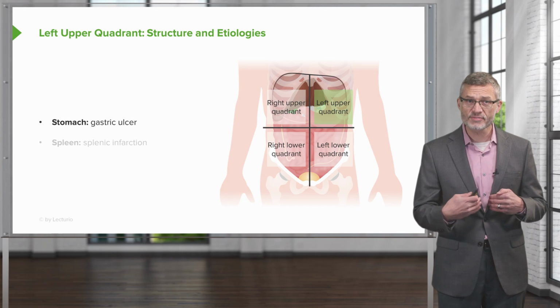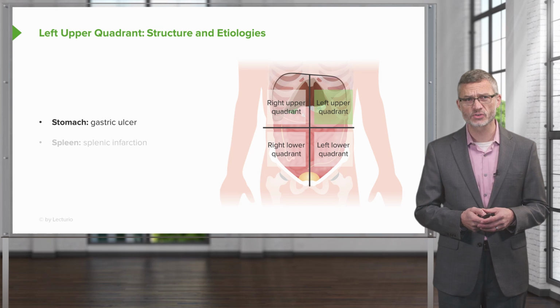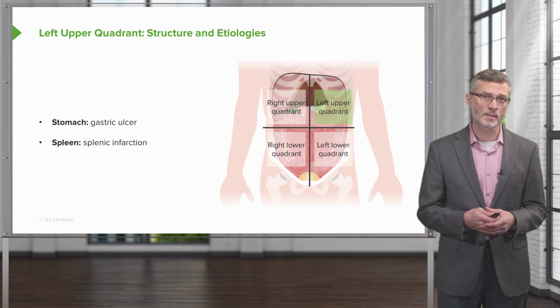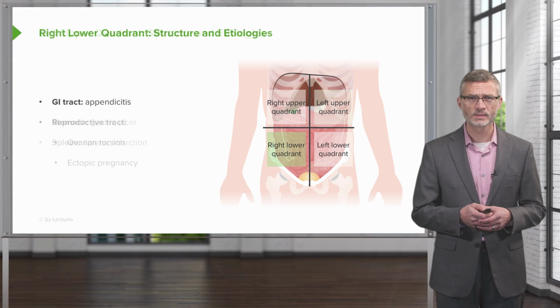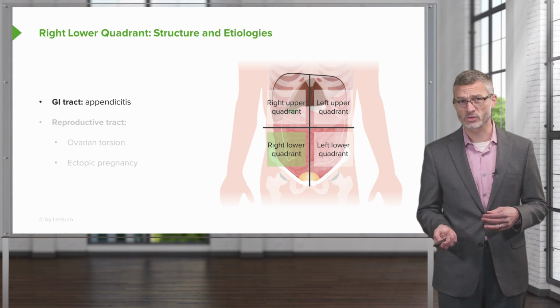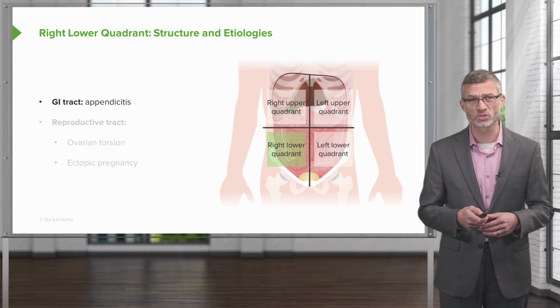Moving over to the left upper quadrant, we're again thinking about peptic ulcer disease, particularly gastric ulcers, and much less commonly, a splenic infarction can cause pain in that area as well. Moving down to the right lower quadrant, certainly in younger patients, we think about appendicitis, though that can occur in older folks as well.